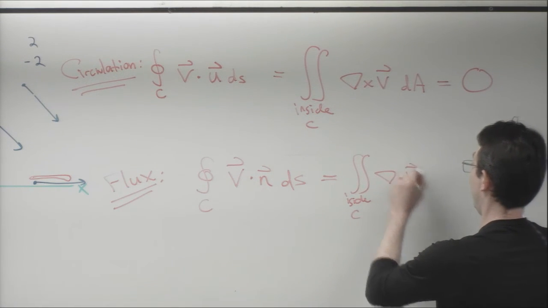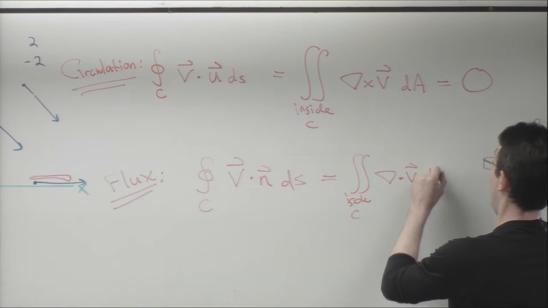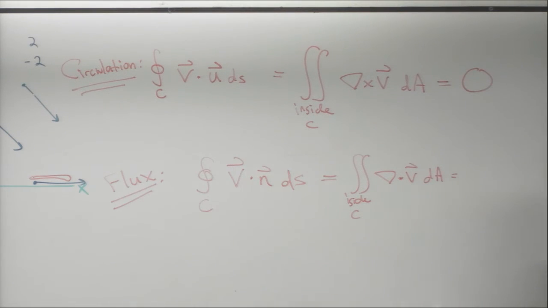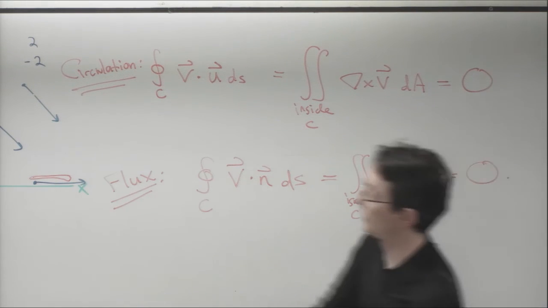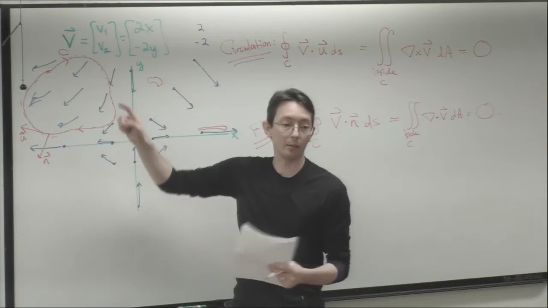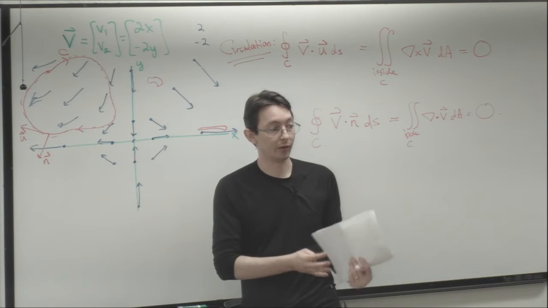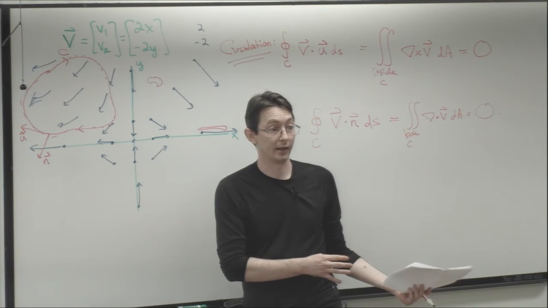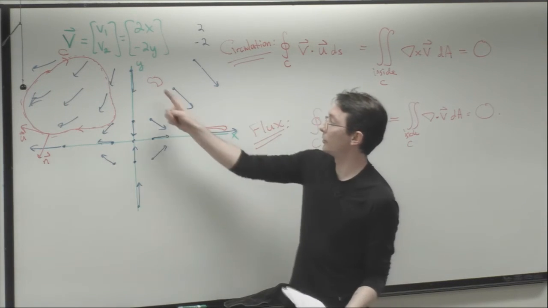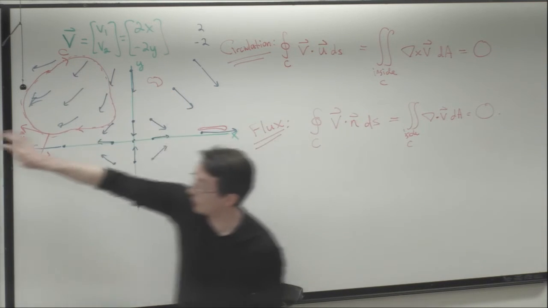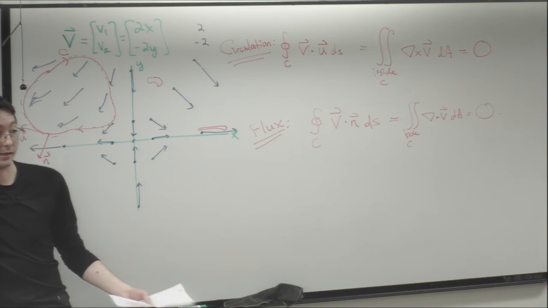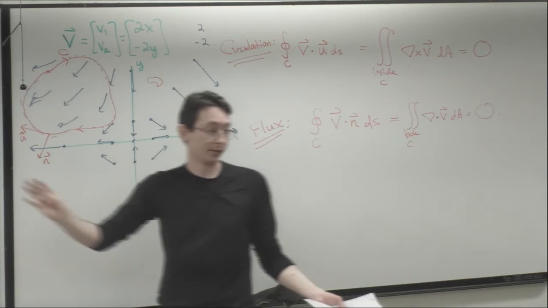Divergence of V dA, and that also equals 0 because we have this special potential flow. So this tells me that no matter where I start with a blob, I don't have a net inflow or outflow of material into that blob. And it's also kind of cool that if I take this blob and I flow it, its volume is going to stay the same. That's also what it means.